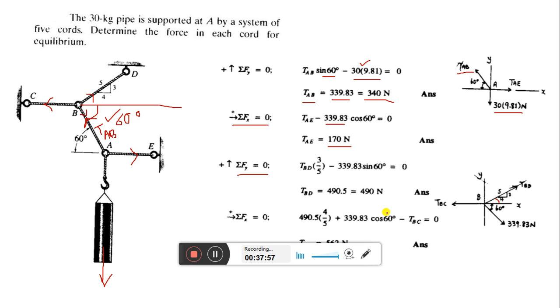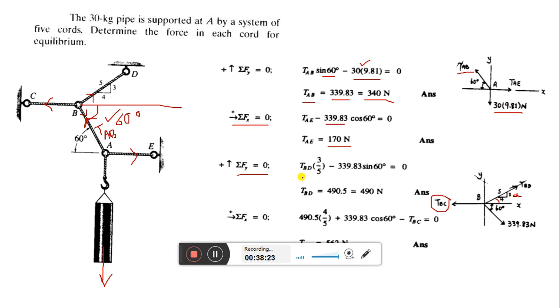So for the y direction, how many forces do we have? Will there be any component from TBC? No. Okay. Now from TBD, it will be TBD into sine. Suppose this angle is alpha. TBD into sine alpha. Sine alpha means 3 by 5.